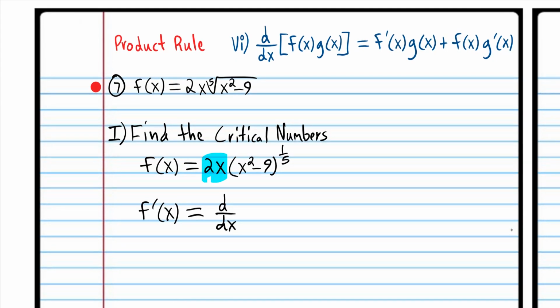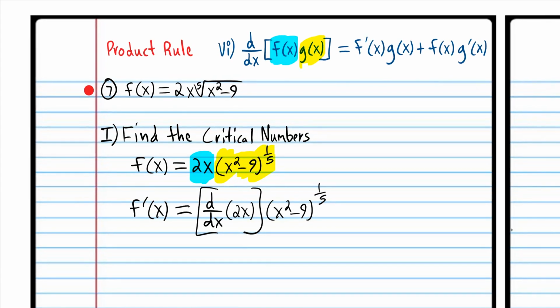So maybe I'll write that up here. Okay, so we find the derivative of 2x, and then we multiply that by whatever the second expression is in the product, and then we add 2x times the derivative of whatever the second expression in the product is.